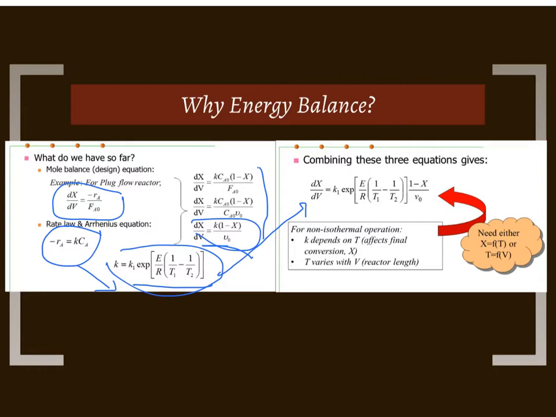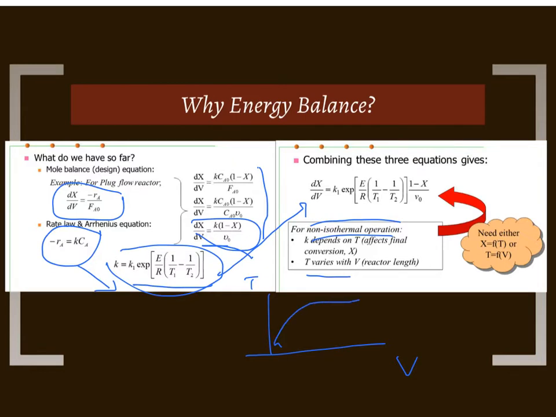So for non-isothermal operation, K always depends on the temperature. And temperature varies with reactor length, as we can see earlier from this. This is volume, this is temperature, so it will go something like this.